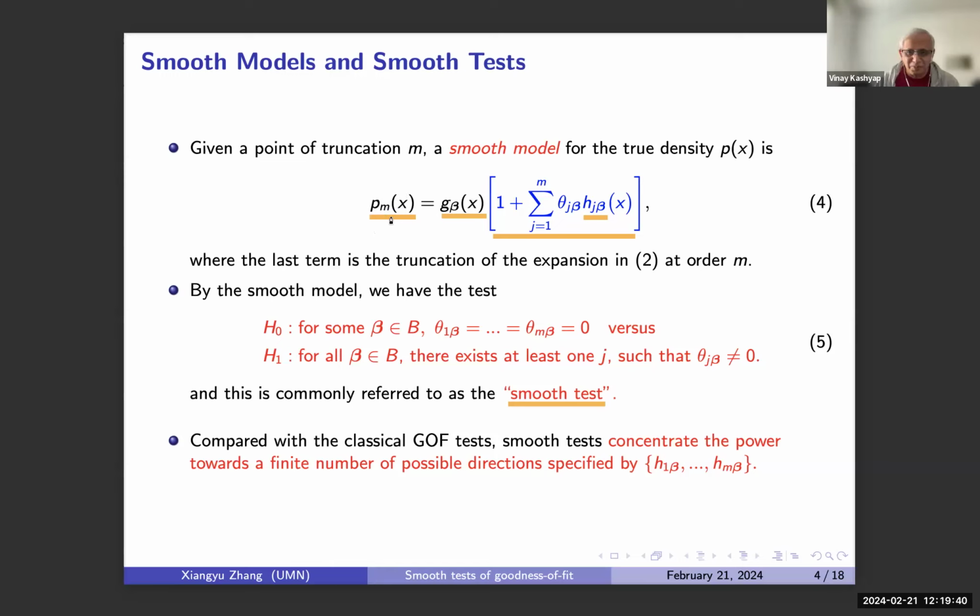Can I interrupt and put it in terms that perhaps will be more familiar to astronomers, like Jeff? Consider an example where you have a spectrum, and you're trying to find a little feature in the spectrum. You believe you know what the background is, and let's say that is G beta, and you can test quickly whether this G beta is a good representation of the data.